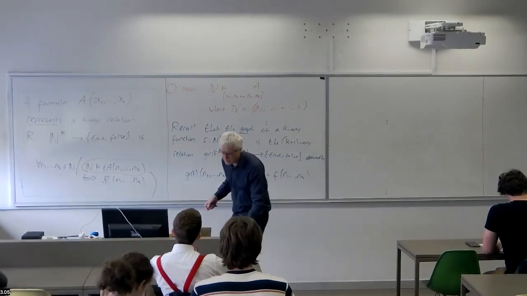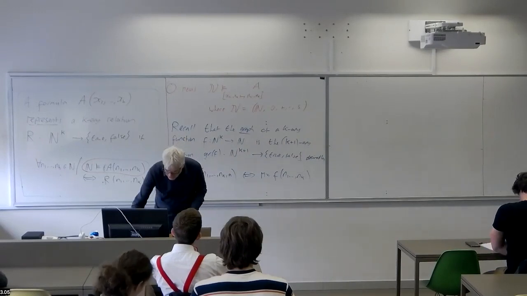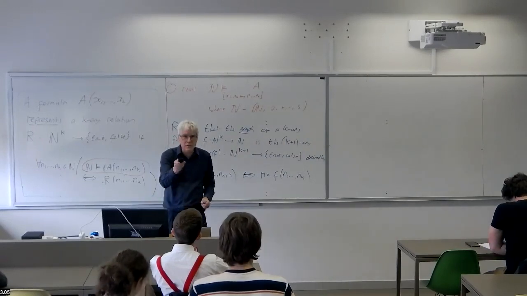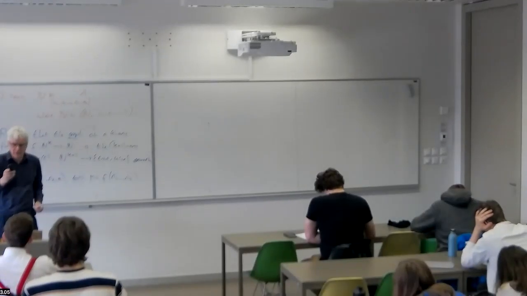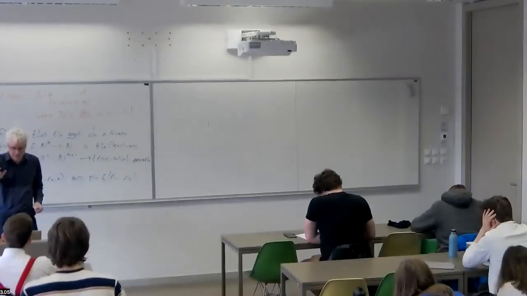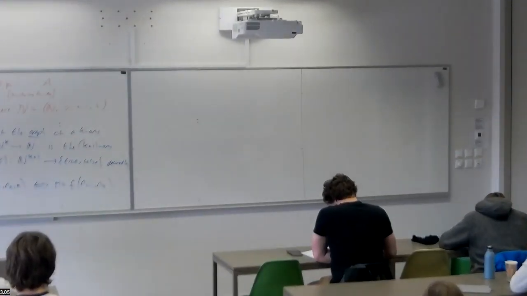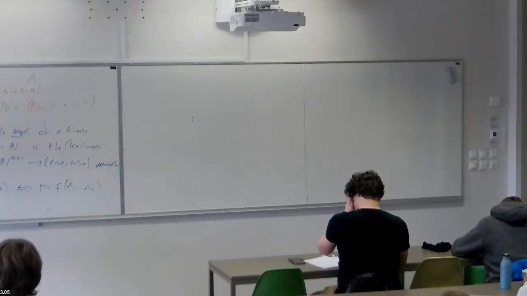Just to remind you, because we're going to be interested not just in functions, but also in partial functions, which are functions that are not quite everywhere defined. They're defined on a subset.